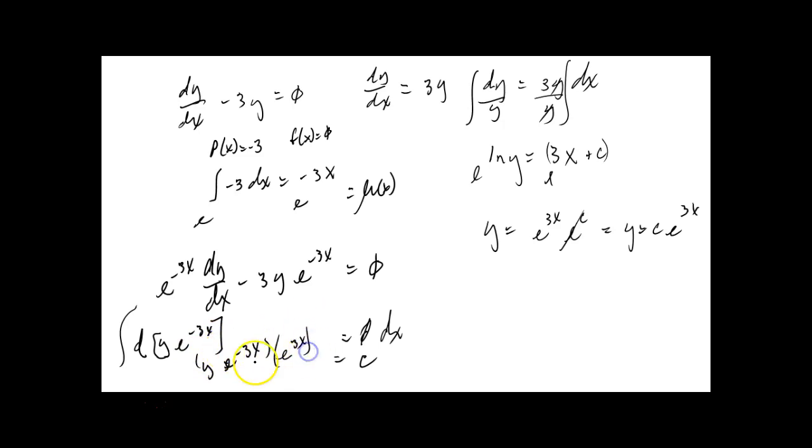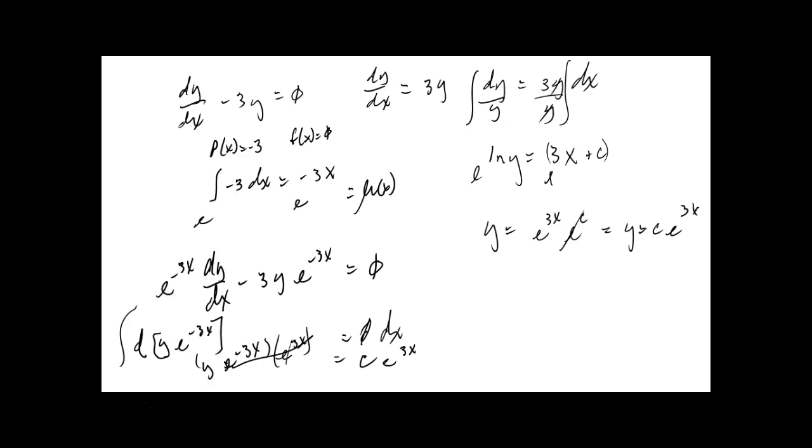Why? Because that wipes this out, or divide by e to the minus 3x, that's the same thing. There's your answer. y is equal to c e to the 3x. A few more steps if you do the linear form, but it gives you the same answer.